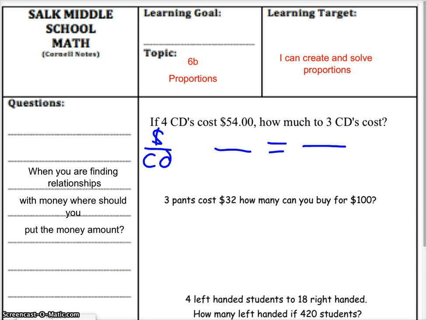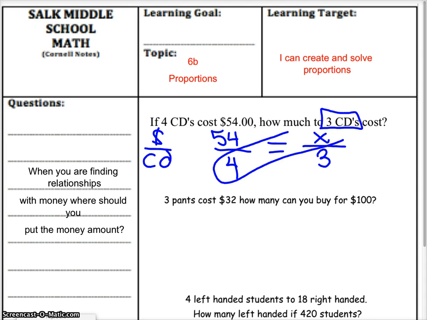Okay. Money is to CDs. So I have $54 is to 4 CDs as how much for 3 CDs? Do the CDs go on top or bottom? Bottom. So I need to find the top.